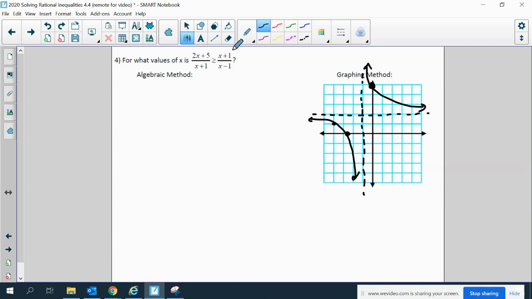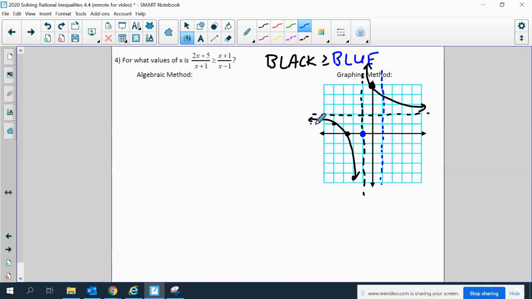And then I have this graph, (x plus 1) over (x minus 1), and I'm going to graph that in blue. Eventually what I want to see is where the black graph is greater than or equal to the blue graph. So that's ultimately what I'm going to try and do, because this one's in black and this one will be in blue. So the blue one is going to have a vertical asymptote at 1 and an x-intercept at -1.